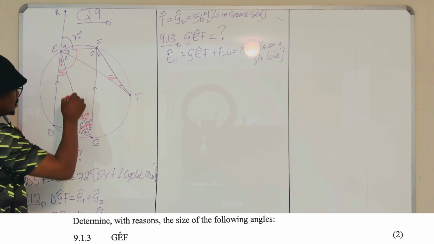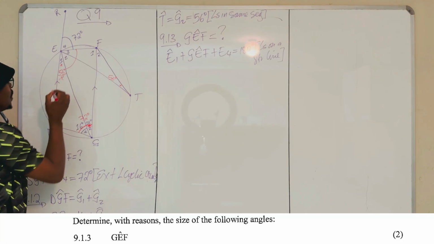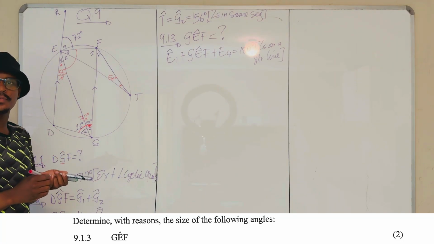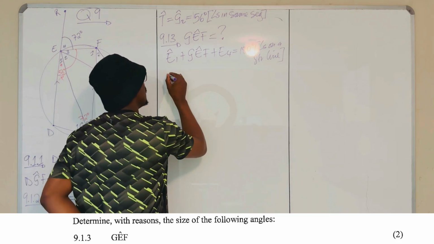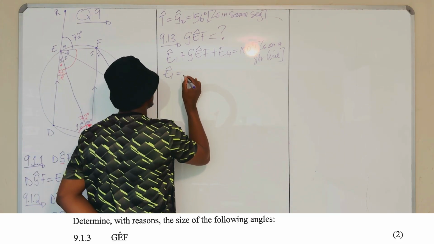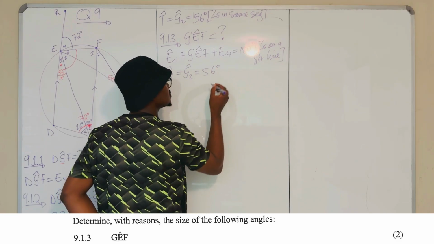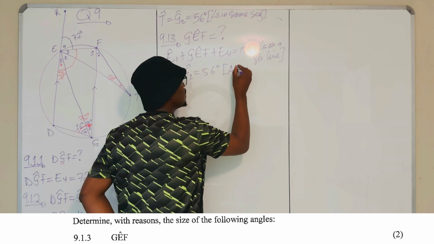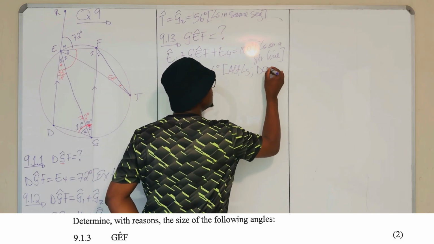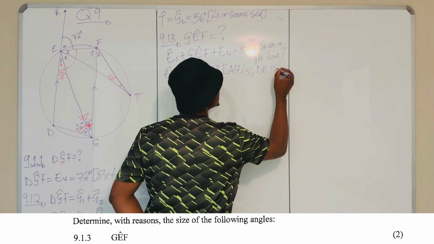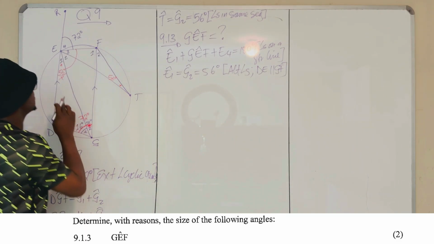These are alternate angles on parallel lines, so they are going to be equal. So angle E1 is equal to angle G2, and they are both equal to 56 degrees. Our reason: these are alternate angles on parallel lines because DE is parallel to GF. So this is 56 degrees.